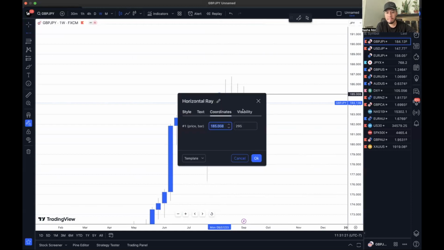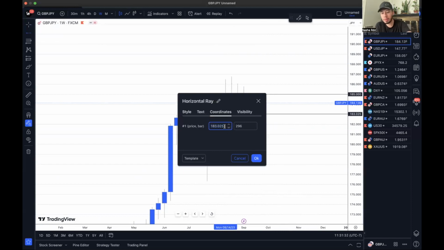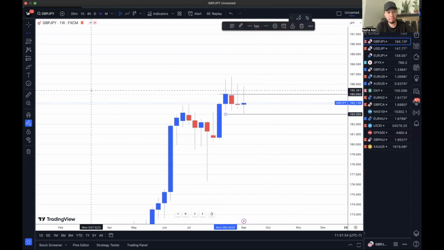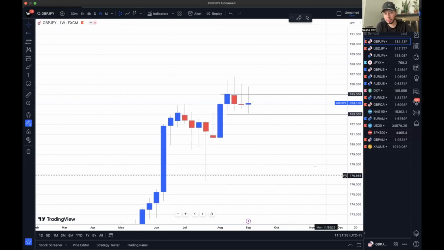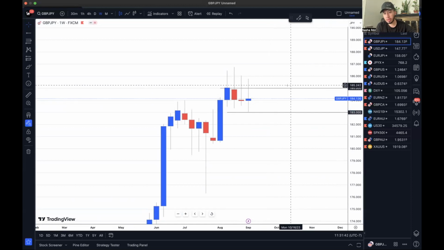I want to just fix this and make sure the line is flat. Okay, 183. Same thing. From there, you would consider this your playing ground for the week. Price will either come to here or here.